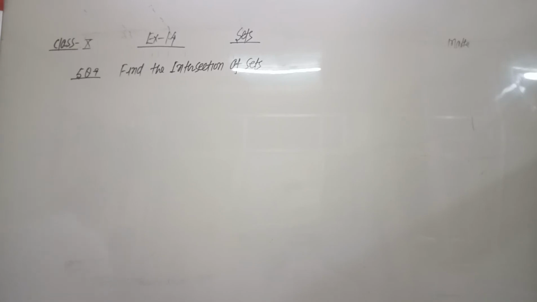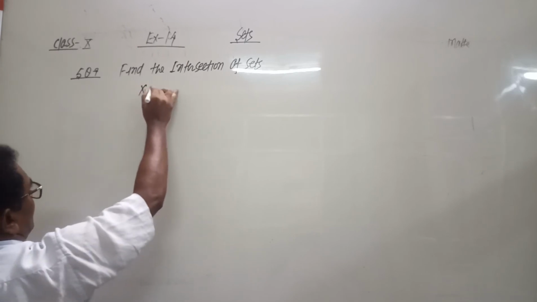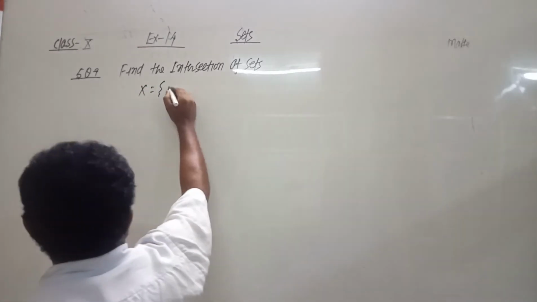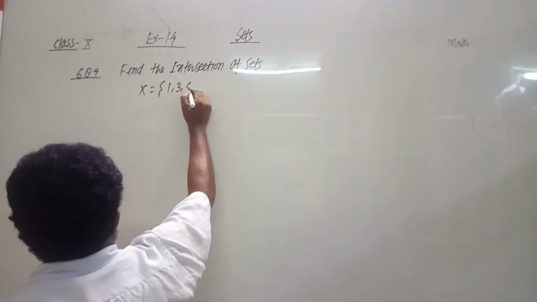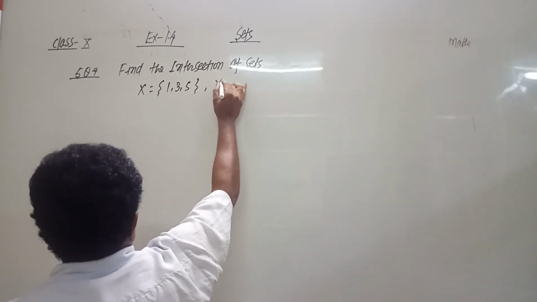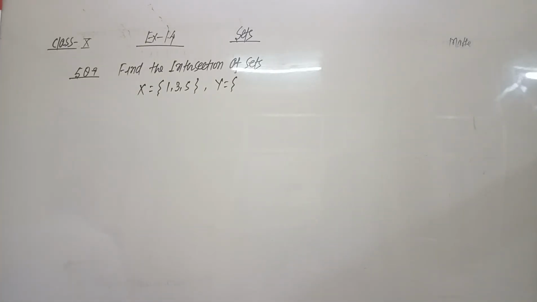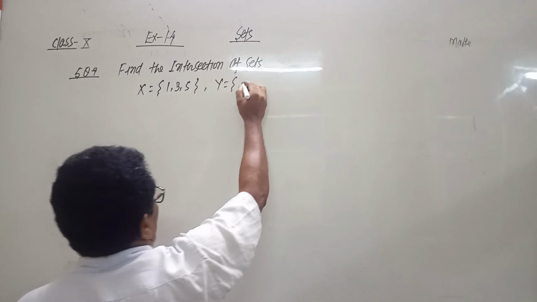So in question 1, the value of x is 1, 3, 5 and the value of y is 1, 2, 3.